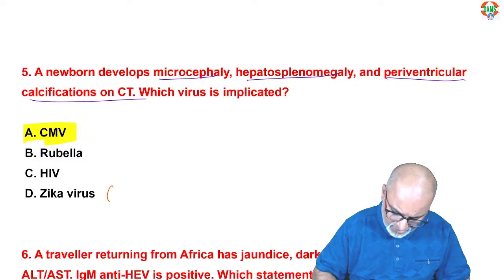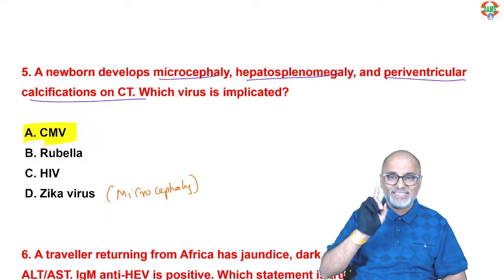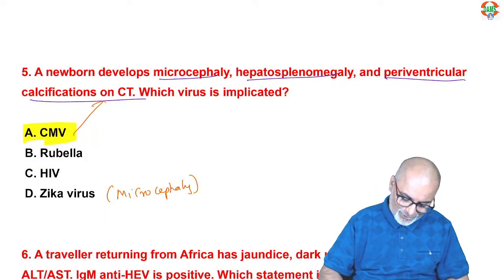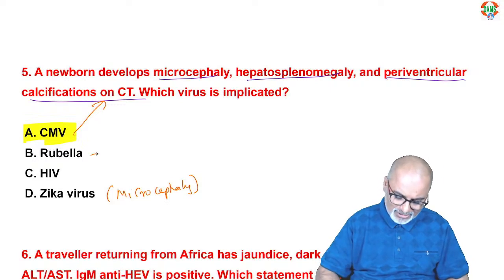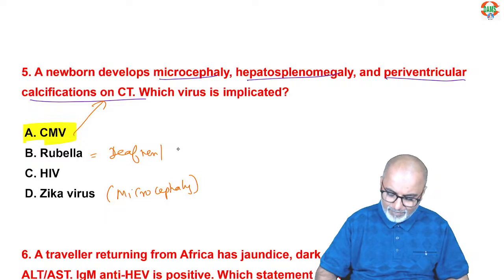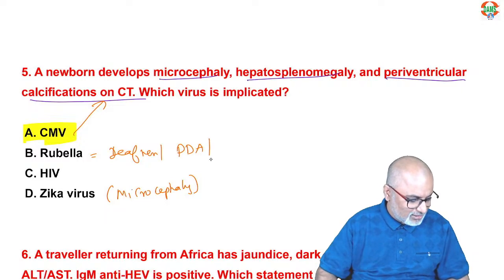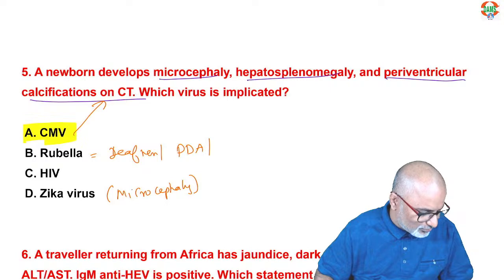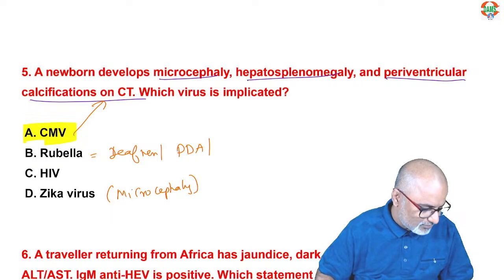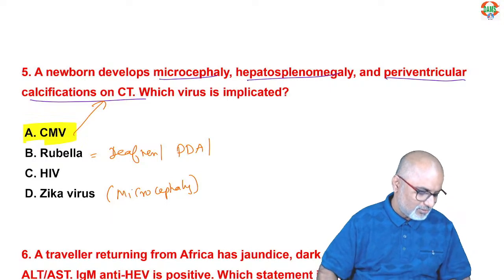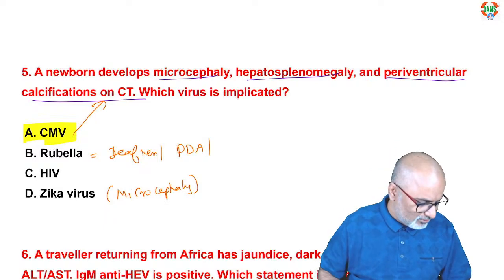Zika virus causes microcephaly, but periventricular calcification is CMV. That is the point. Rubella causes deafness, patent ductus arteriosus, congenital cataract, everything it causes. Got it? Cytomegalovirus.